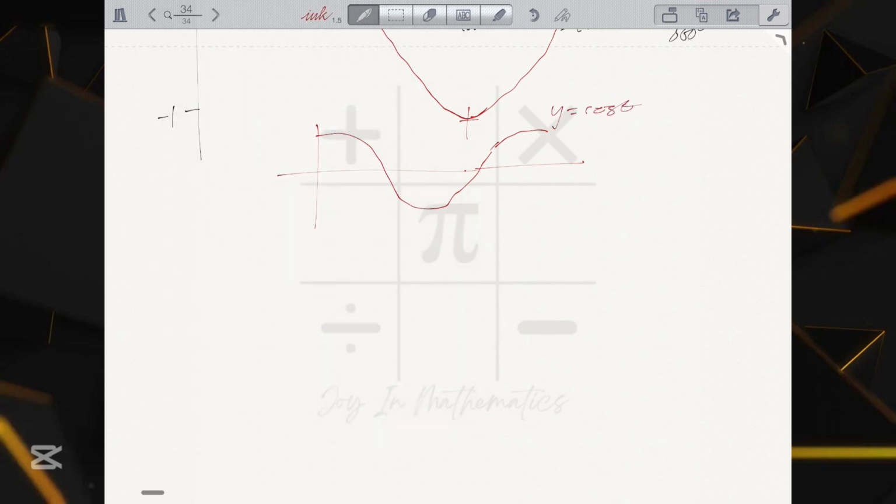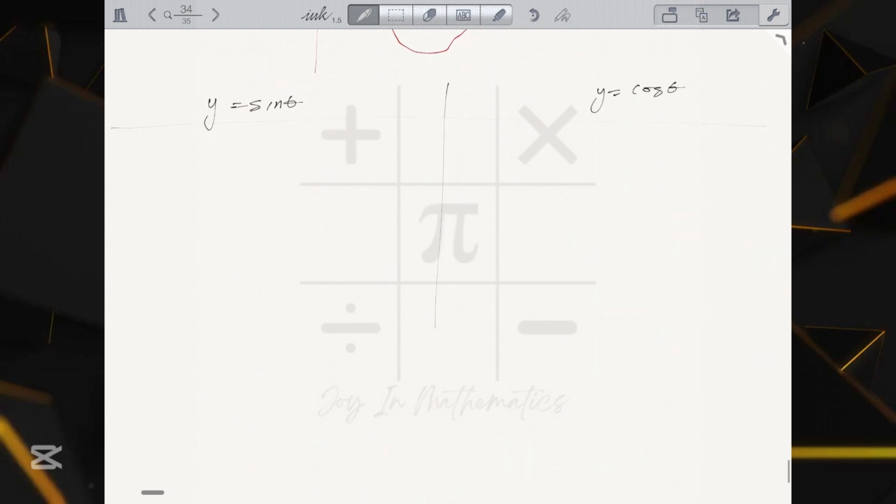These are the basic templates of graphs: y equals sine theta and y equals cos theta. Let's give meaning to the graphs. For sine theta, it starts from 0, goes to 1. Once it gets to 1, it goes back to 0 and down to minus 1 and back to 0.